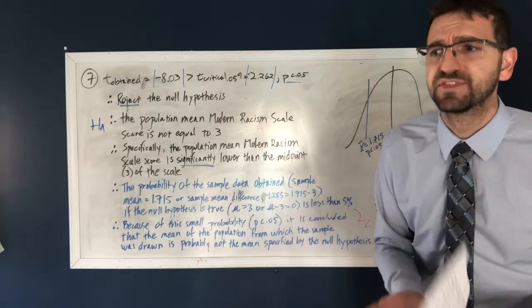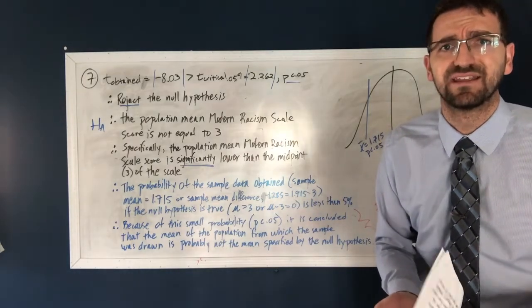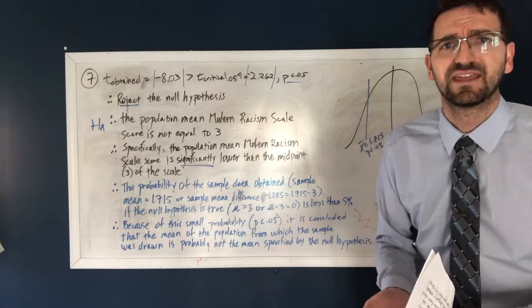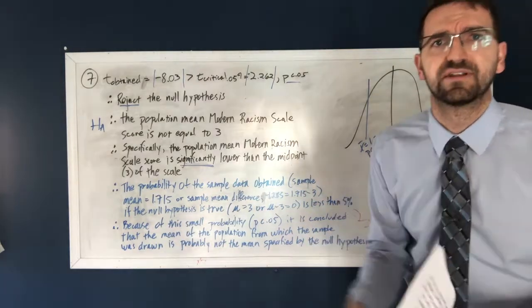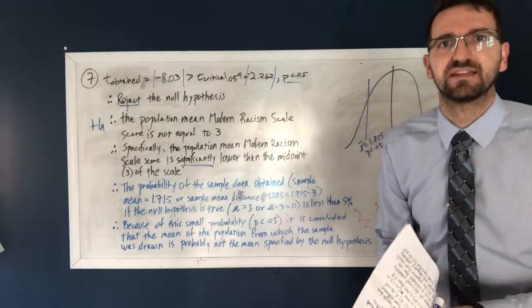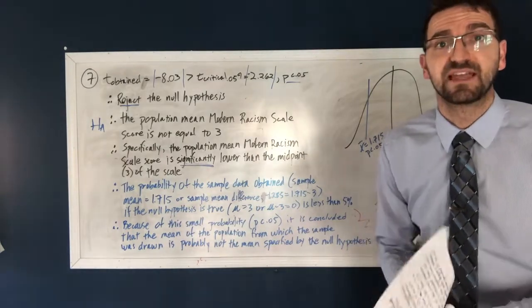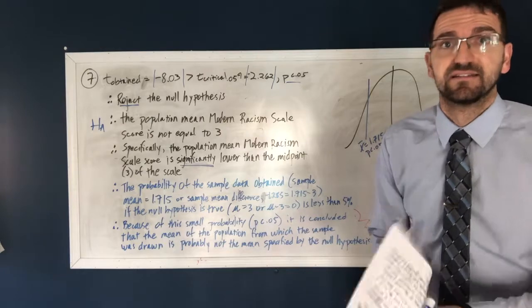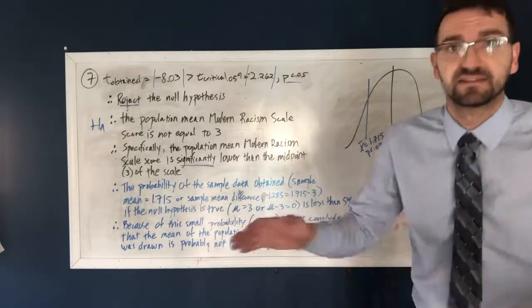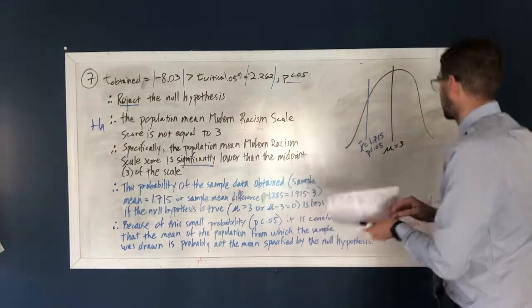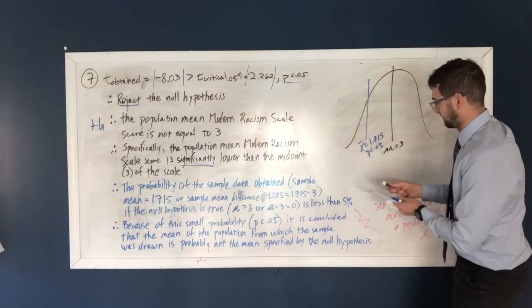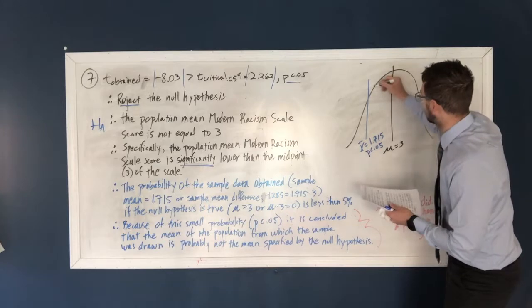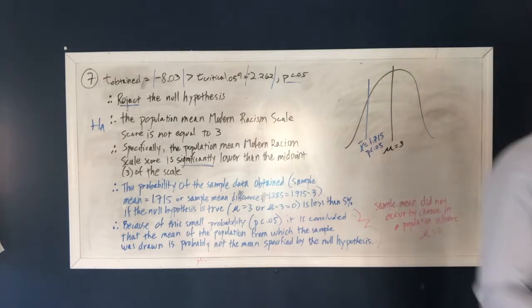Therefore, we don't think that the population mean is 3. We think it's something else. We think we sampled from a population where the population value is not 3. It's something different. It's something closer to this. So who knows? It might be, let me get a red pen.